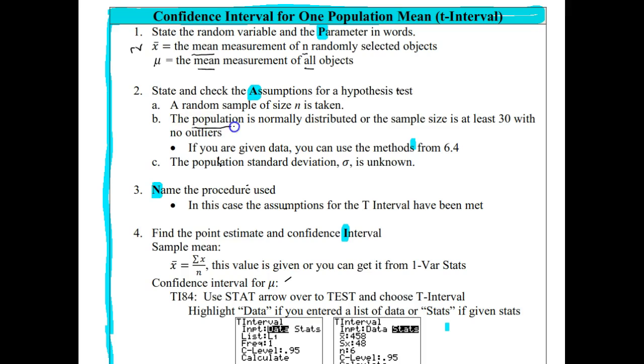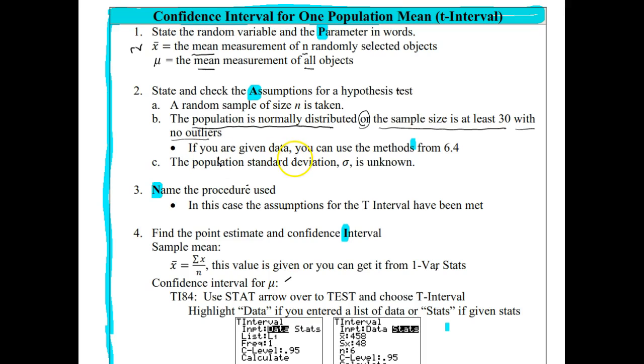We either need to know that the population is normally distributed, so they either tell us that or they give us data that we can then use the methods from 6.4 where we look at a modified box plot and a normal probability plot, or they give us a sample size of at least 30, and we know that there can't be any outliers in the data set for this intro course. We're just not going to learn how to deal with outliers in this intro level course.